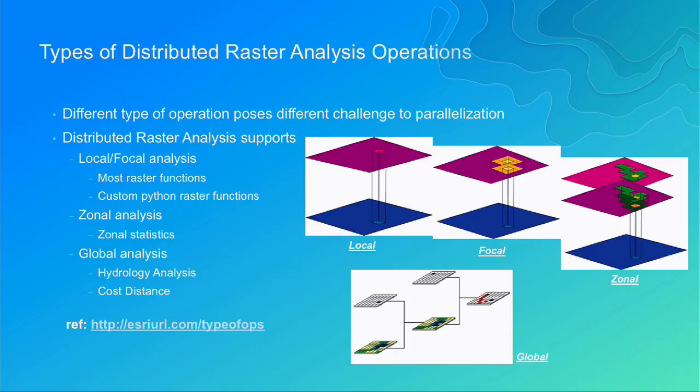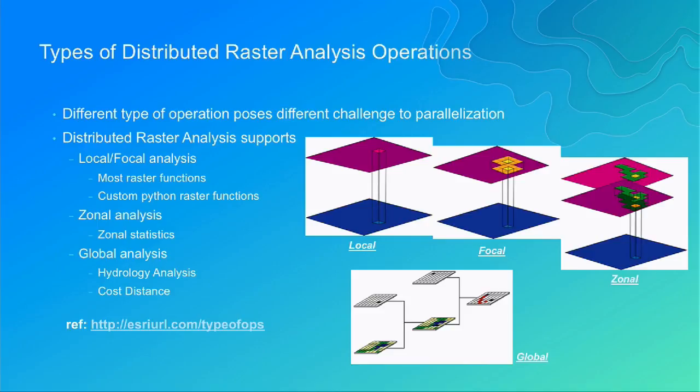You just chop the imagery into small tiles or bundles, and you process each bundle separately by different workers. This is simple, and most of the raster functions behave this way. So the Generate Raster tool is basically used to support this kind of local and focal analysis.